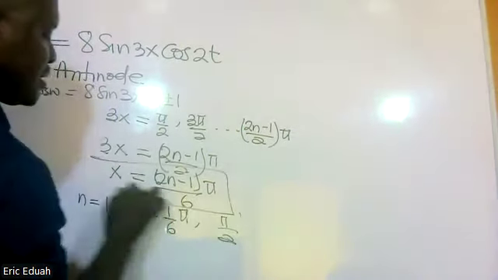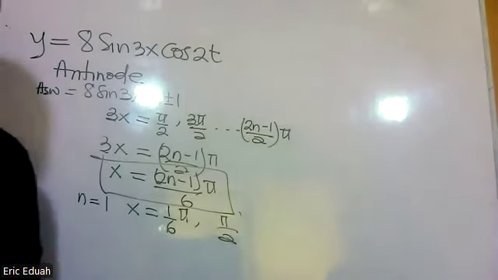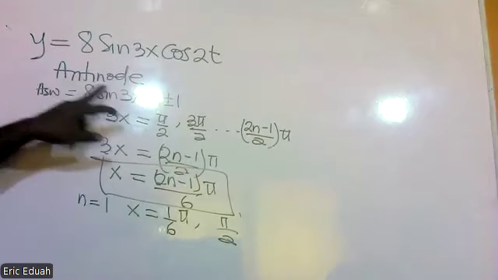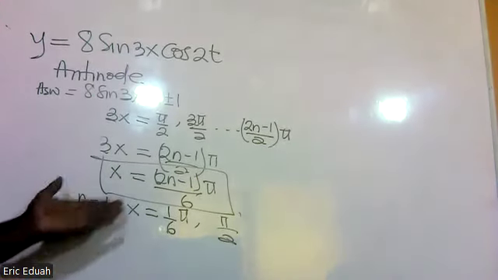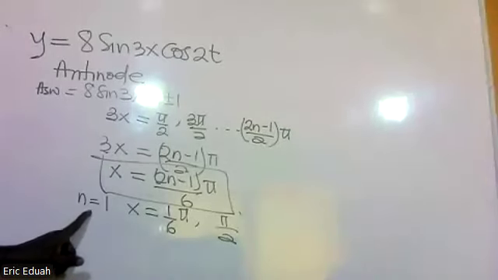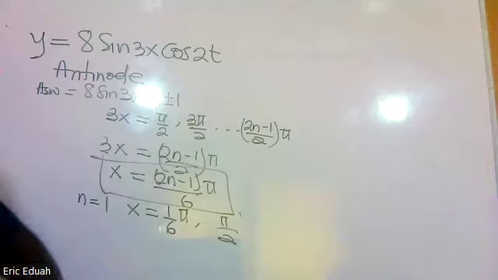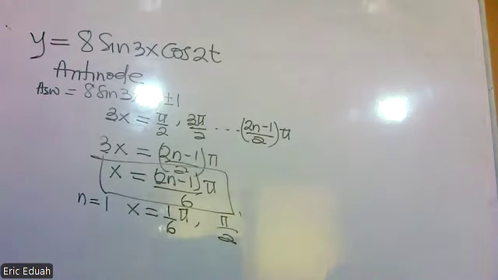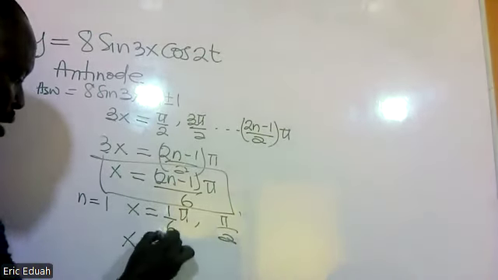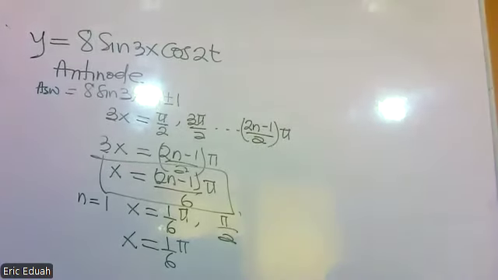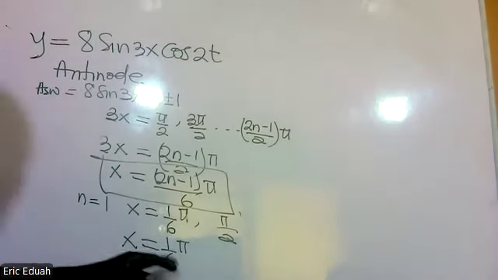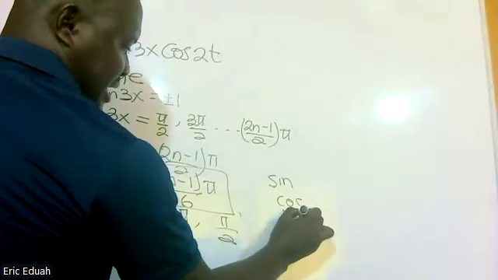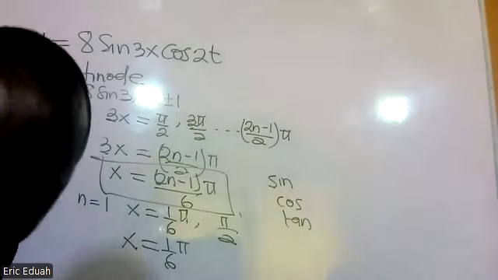So this becomes different positions of antinodes. The rest is by indicating the first antinode, second, n is equal to 2, 3, and so on. Okay, please take note of this. If pi occurs in sine, cos, or tan, pi becomes an angle.